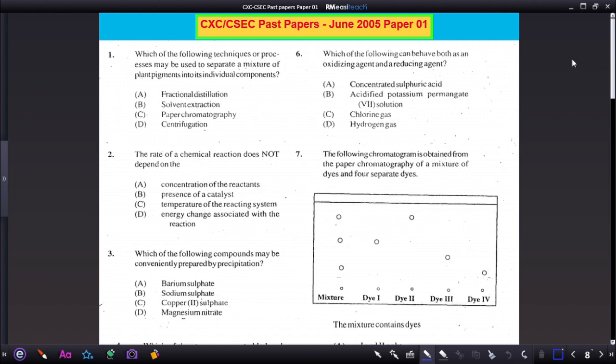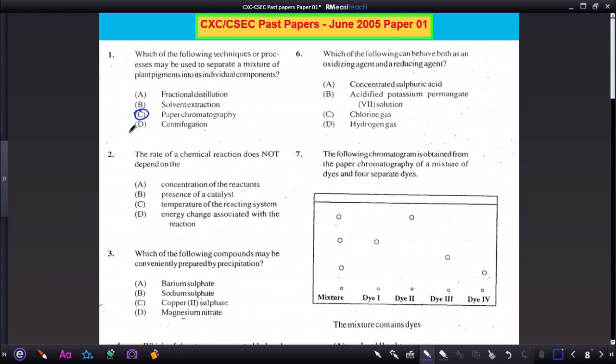This technique involves separating pigments within plants by the force of capillary action up the column within the paper. Part D, centrifugation, is taking advantage of the different densities of the components. So you separate the mixture using the different densities. So the answer that we're looking for would be C.